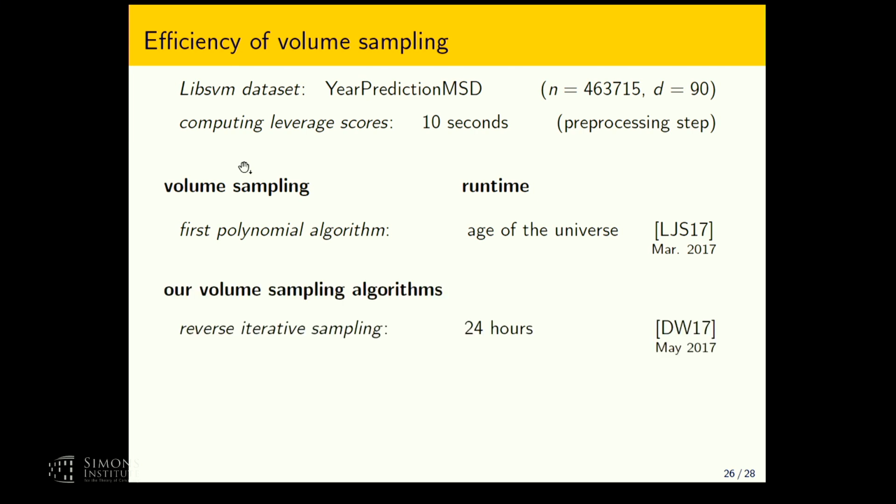Afterwards, and this was only last year, our first variant of reverse iterative sampling reduced it significantly, but still it's nowhere close to leveraged scores, right? 24 hours. Not that practical. With the fast reverse iterative sampling, now we're basically within a constant factor of computing leveraged scores.